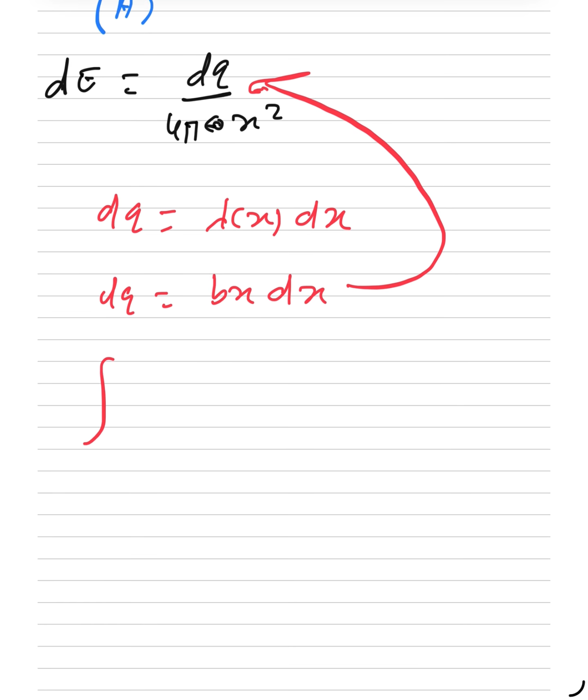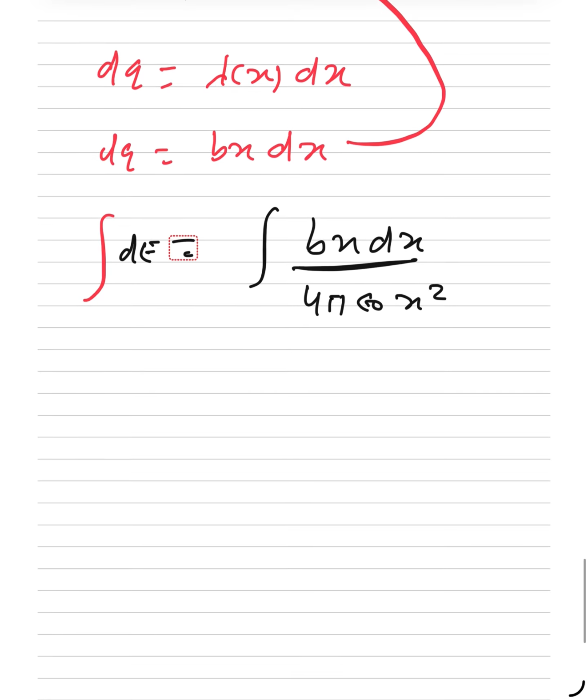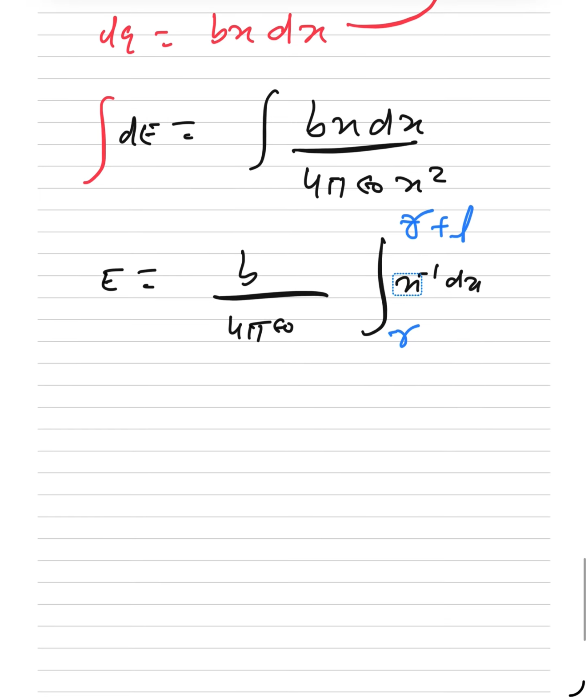Then the net electric field dE equals integration of bx dx divided by 4 pi epsilon naught x square. Here E equals b divided by 4 pi epsilon naught times integration of x power minus 1 dx, where one x cancels out, with limits from r to r plus L, right.